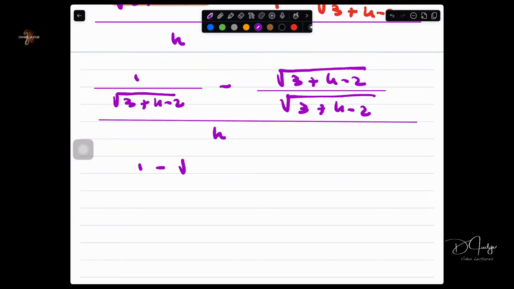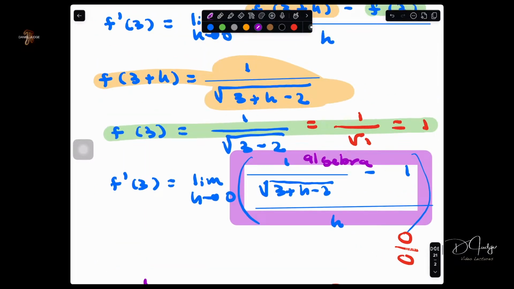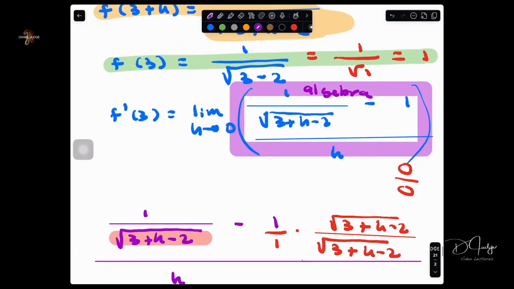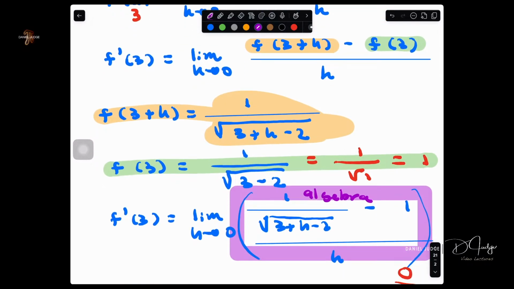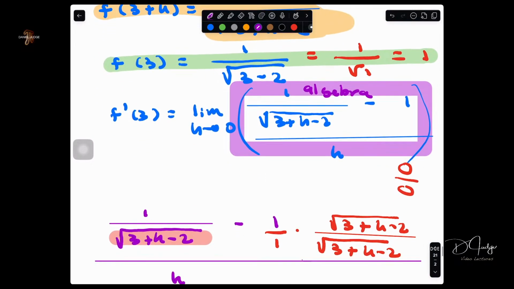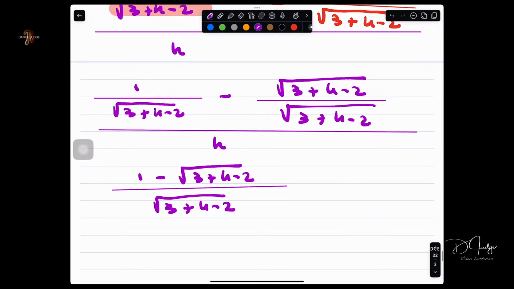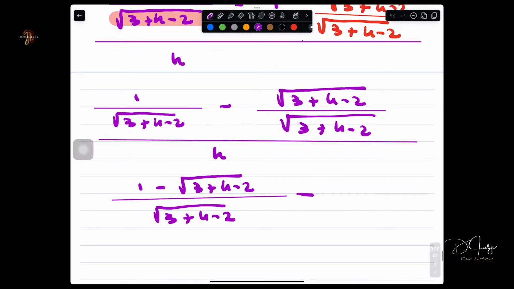You get 1 minus the square root of 3 plus h minus 2 over the square root of 3 plus h minus 2. It looks okay. Okay, let me double check. Don't forget, we're going to divide by h now.